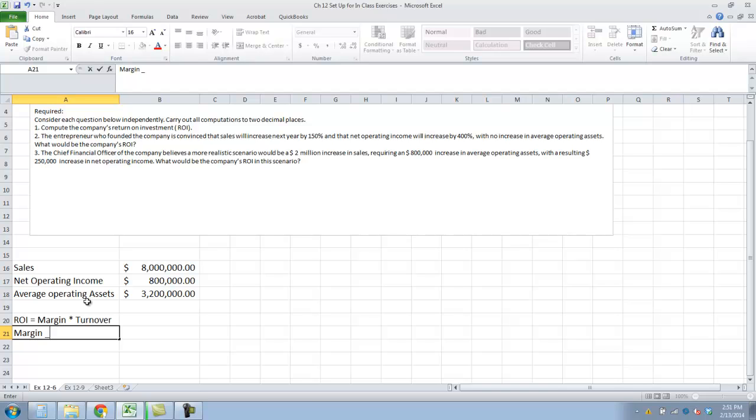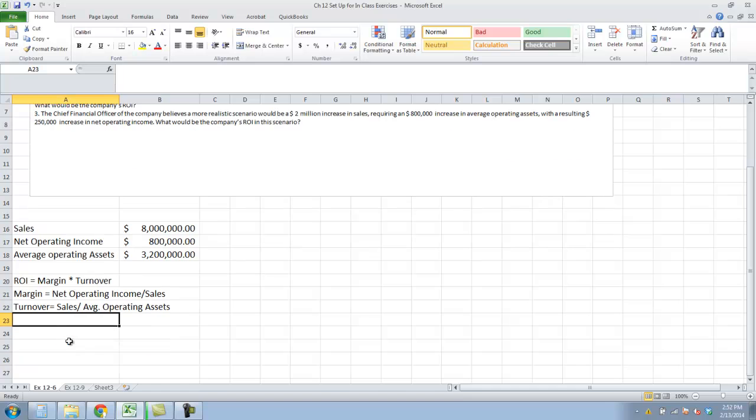Margin equals net operating income, if I could spell, operating income divided by sales. Turnover equals sales divided by average operating assets. Okay, so number 1, we're going to compute the company's ROI.